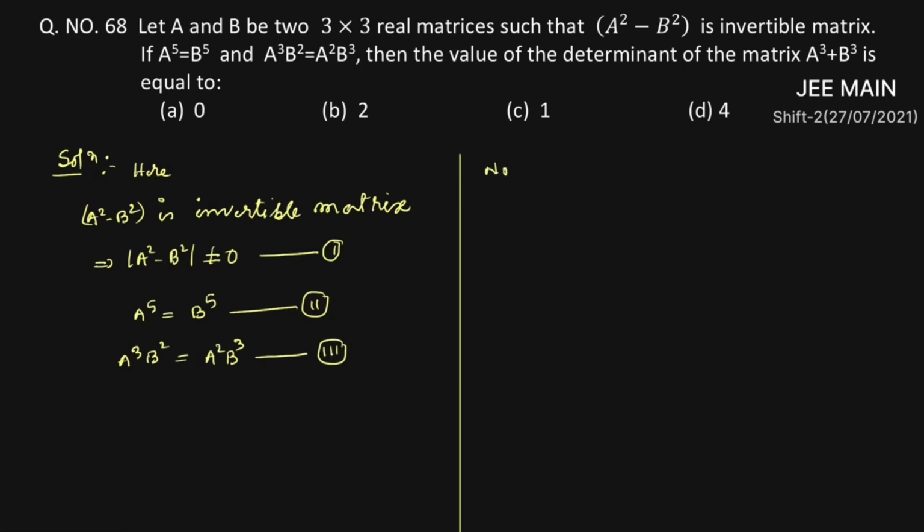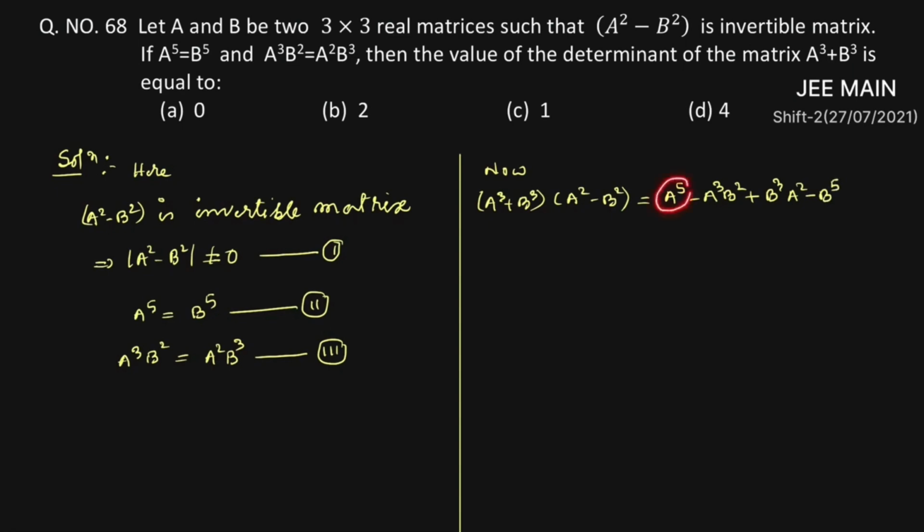Now we will take A cube plus B cube and multiply with A square minus B square. If you multiply, then we will get A to power 5 minus A cube B square plus B cube A square minus B to power 5.